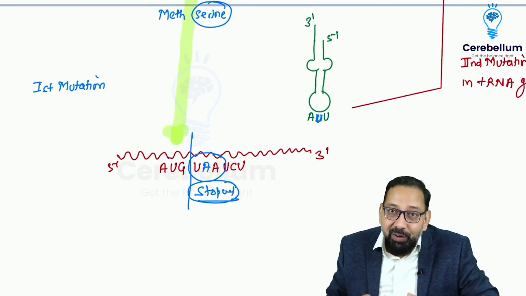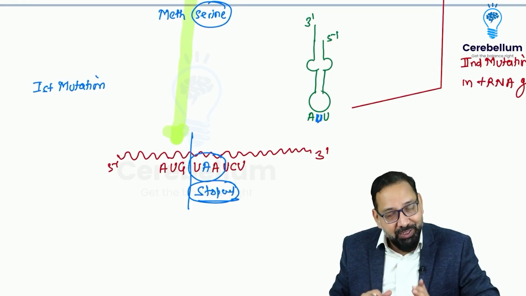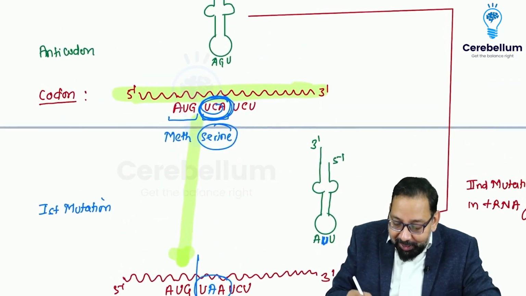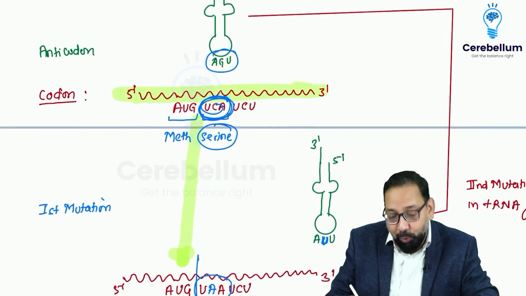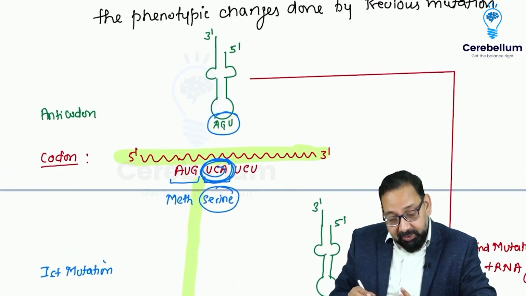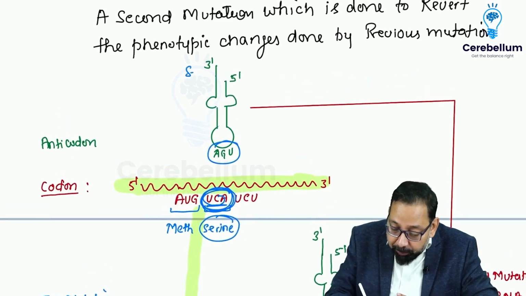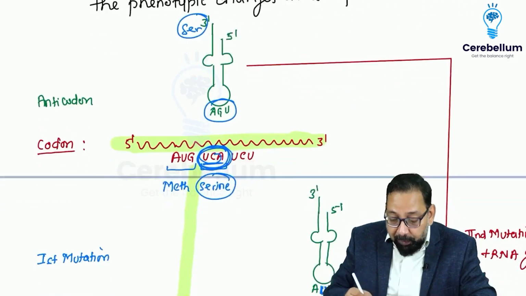We want to revert the effect of this mutation. So what did nature do? Nature knows that this codon is recognized by an anticodon. When protein synthesis occurs, this UCA codes for serine, so transfer RNA carrying serine will come.